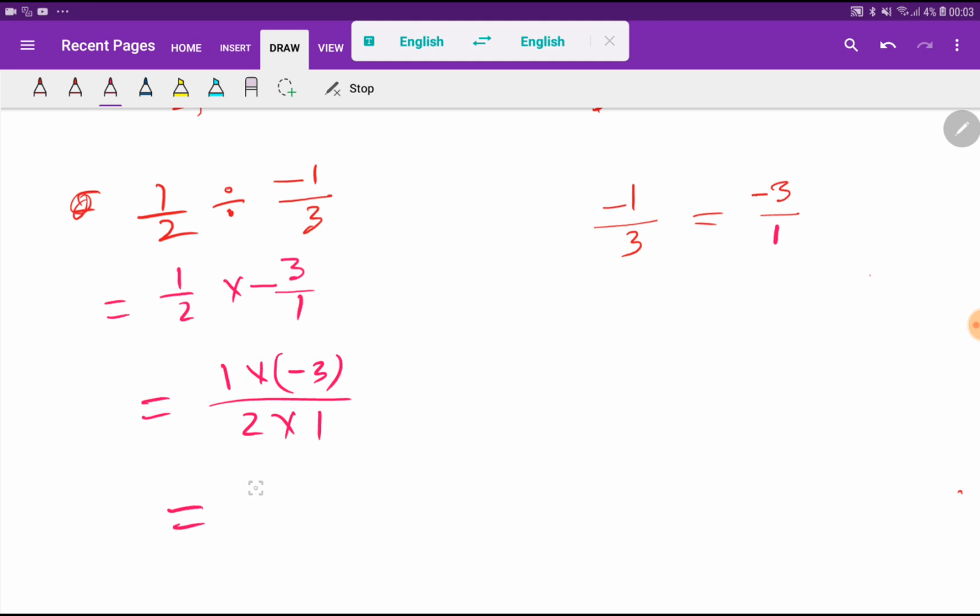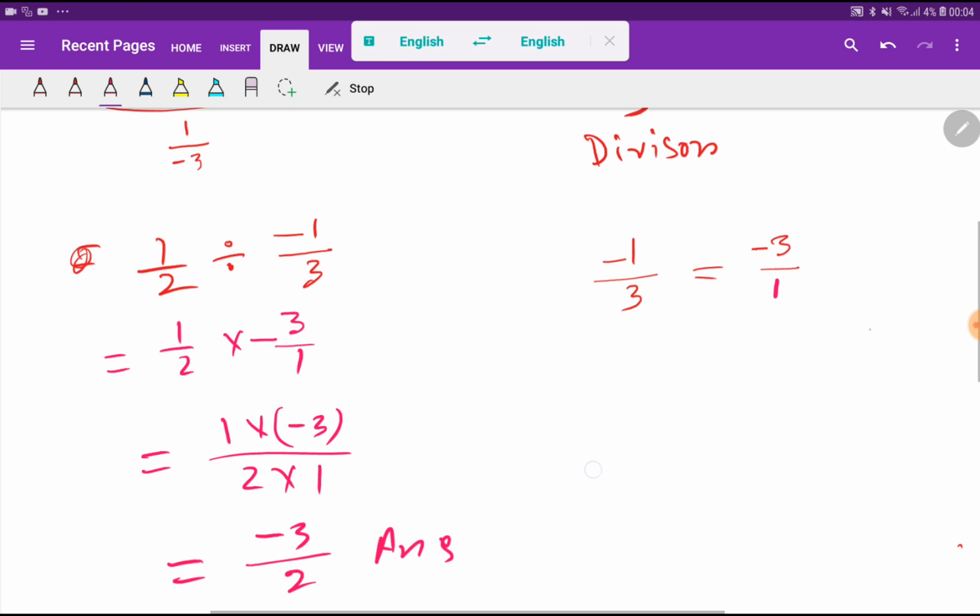That is, we are getting minus 3 divided by 2. So this is the answer, right? Okay, so this is the example of the division of a fraction by a negative fraction.